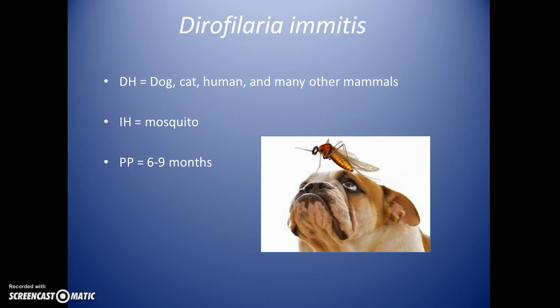The prepatent period for Dirofilaria immitis is 6 to 9 months, which is why when an animal is young, we usually can't test them until about 6 months of age so that we can see whether or not they do have heartworm at that point, or if we can put them on preventative medications at that point.